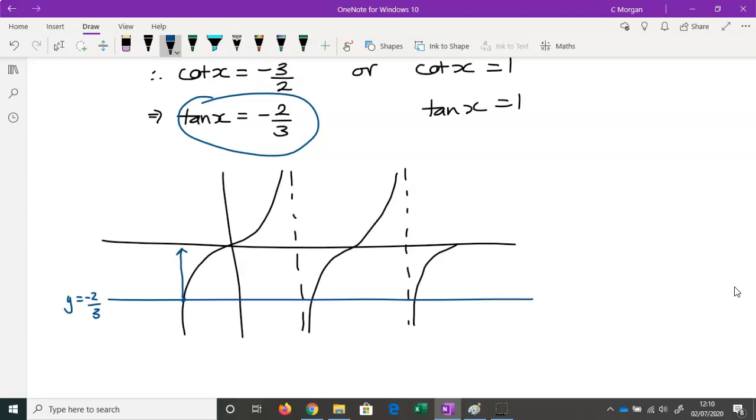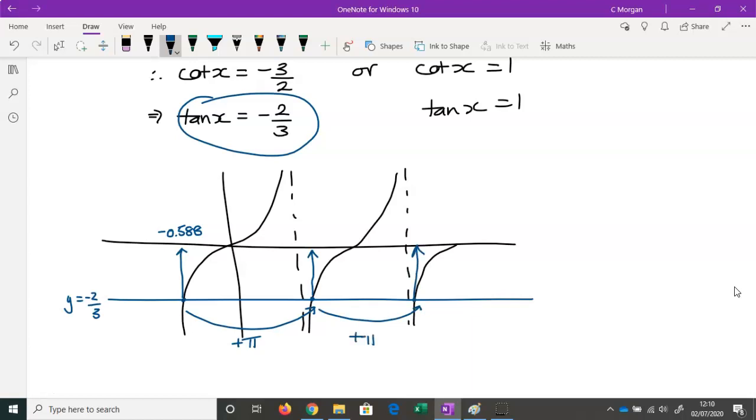Right, so when I do shift tan of negative 2/3, it gives me the principal solution, which is the first answer closest to 0, which is negative 0.588. But that's not in my range, so I'm going to need to go to the next place where that cuts the curve. So I'm going to need to add on pi radians, because remember this repeats every pi radians. And then add pi radians to that one to get the next solution.